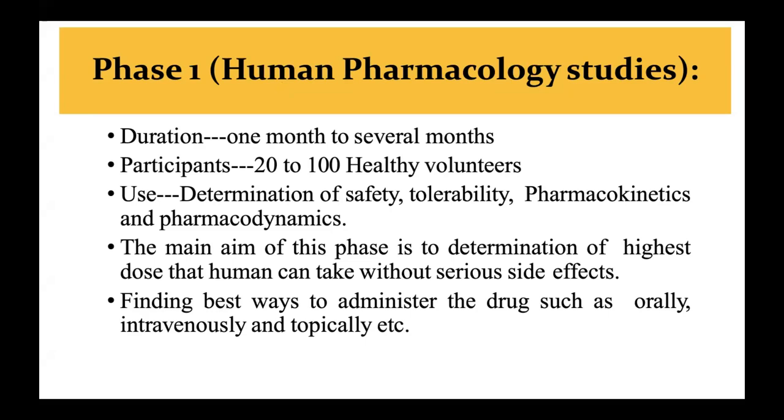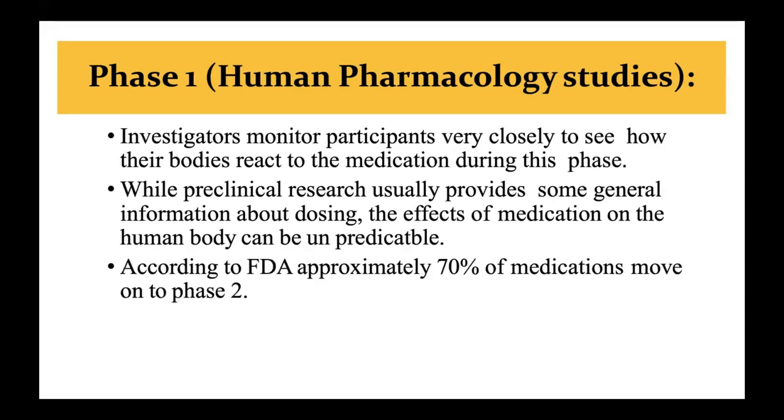To determine the safety, tolerability, and the other pharmacokinetics and pharmacodynamics. The main aim of this phase is determination. So when phase 1 is continued, the data is collected, but we do not submit it to the FDA.